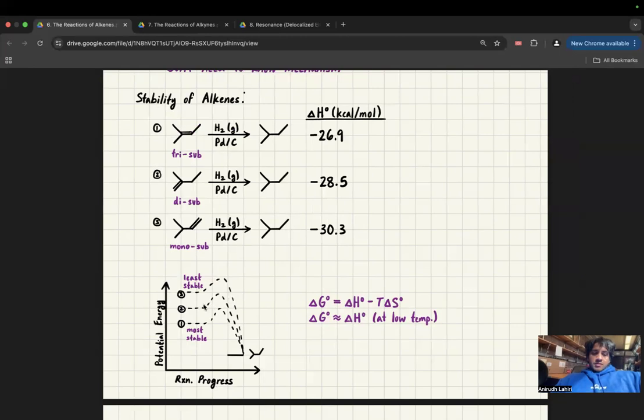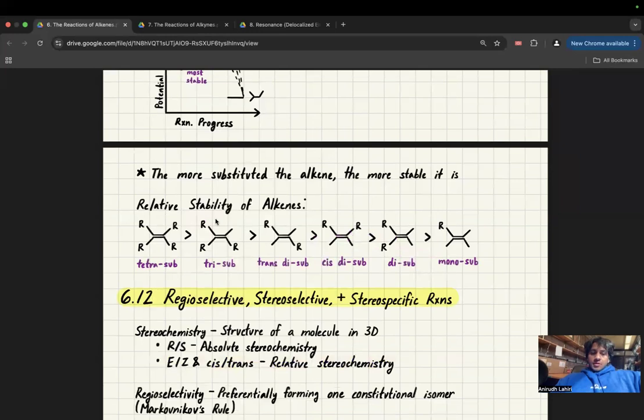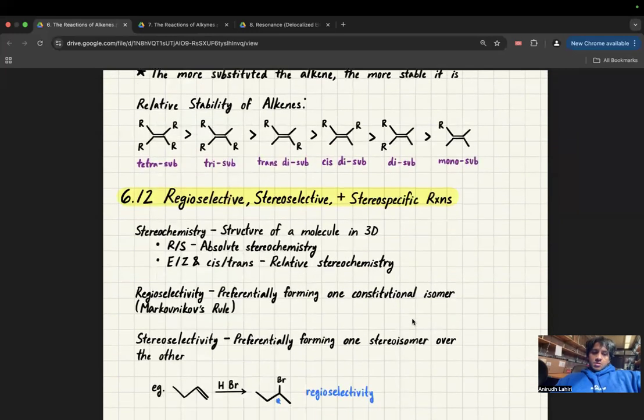We can see that the difference between one and the final product is the smallest, which is why the change in energy is the least. Two in the final product, three in the final product. Cool. The more substituted the alkene, the more stable it is. Okay. So this is a stability trend, and I'll leave it as an exercise to the reader to go through and make sure this makes sense.